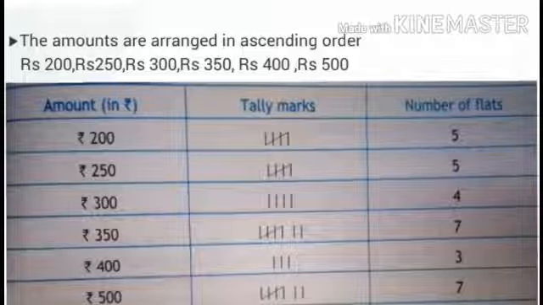Rupees 400, 1, 2, 3. Rupees 500, 1, 2, 3, 4, 5, 6, 7. So 7 flats gave them rupees 500. So in this way we can easily calculate the number of houses who gave what amount. Clear? So this is the way how we make tables.